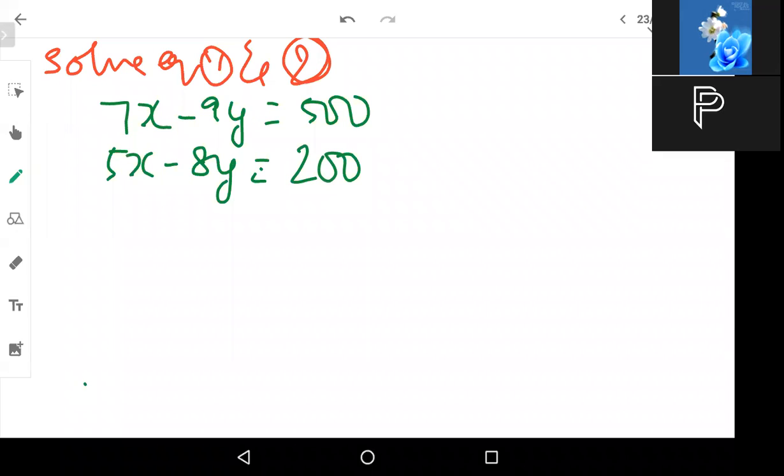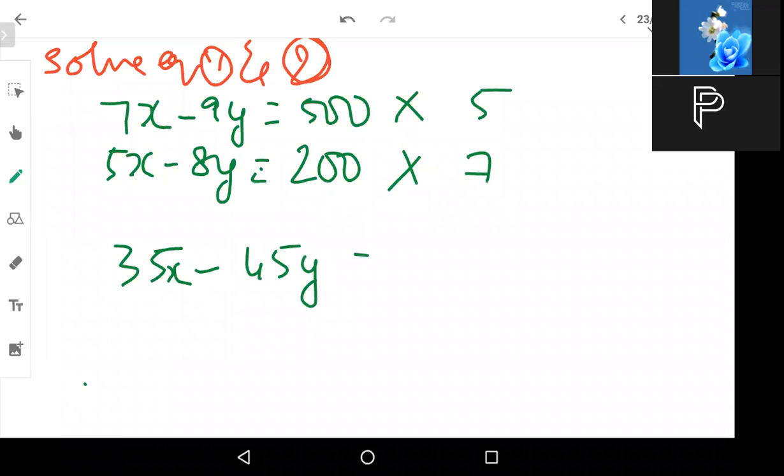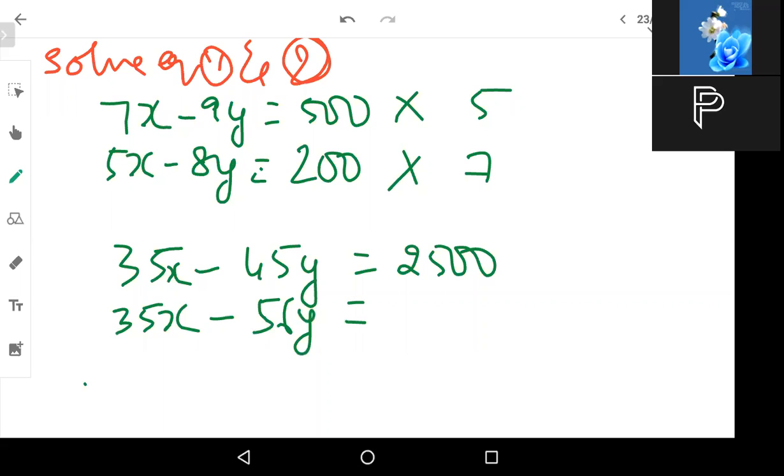Now to make the coefficients the same, I have to multiply equation 1 with 5 and equation 2 with 7. So what will be the actual equations? 7 5s are 35x minus 9 5s are 45y is equal to 500 into 5, which is 2500. Then 7 5s are 35x minus 8 7s are 56y is equal to 1400. Correct. y is equal to 100, x is equal to 200.